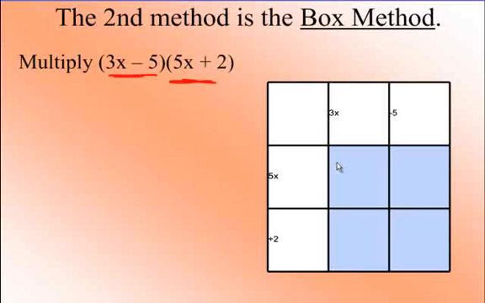So 3x and 5x, that's 15x squared. 5x and our negative 5 is negative 25x. And 3x and 2, so all we're doing is basically using a multiplication table of what we have here. So it's 6x, and 2 and negative 5 is negative 10.